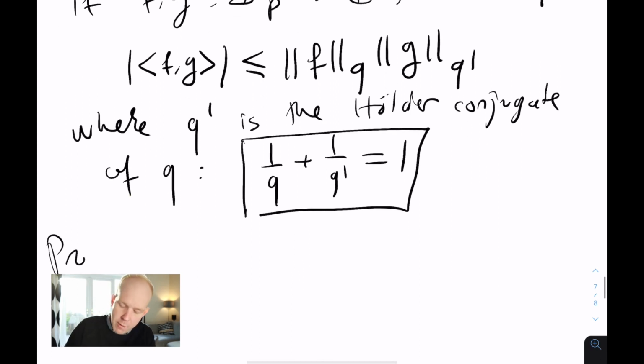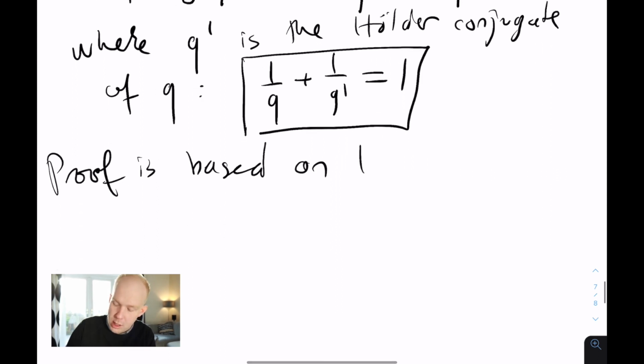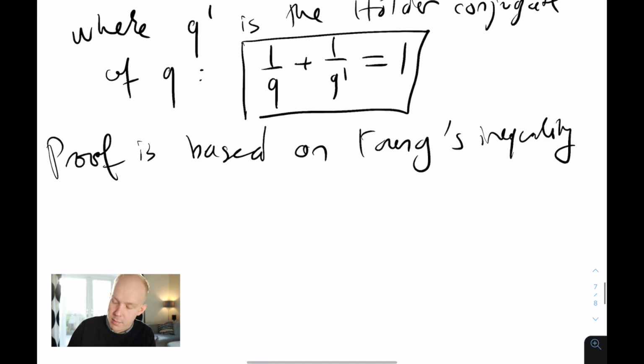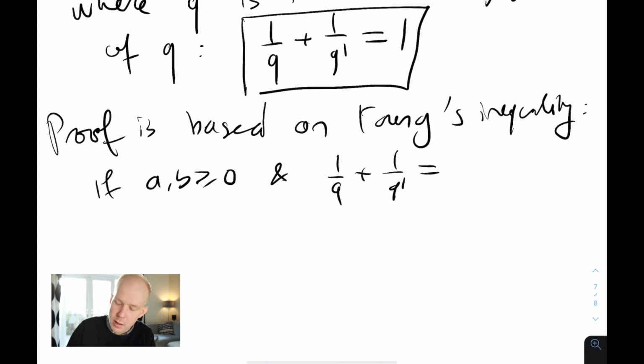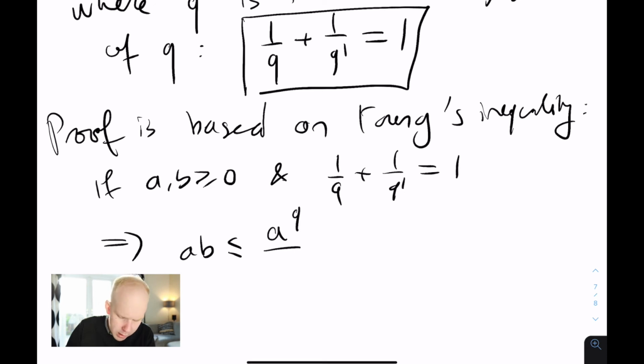And the proof is based on the so-called Young's inequality for real numbers, which says the following: if a and b are non-negative and 1 over q plus 1 over q prime is 1, then this implies that ab is at most a to the power q over q, plus b to the power q prime over q prime.